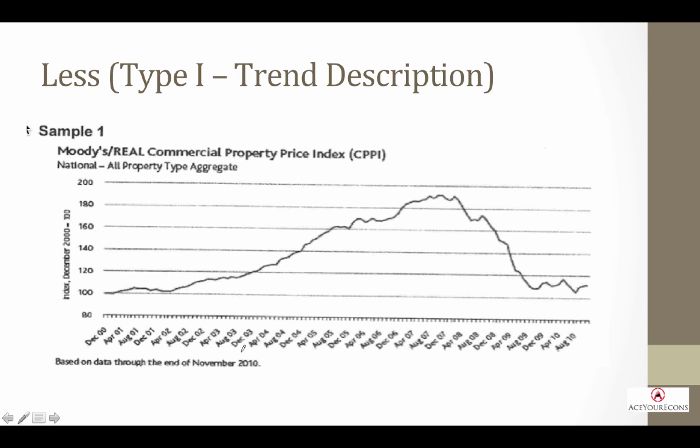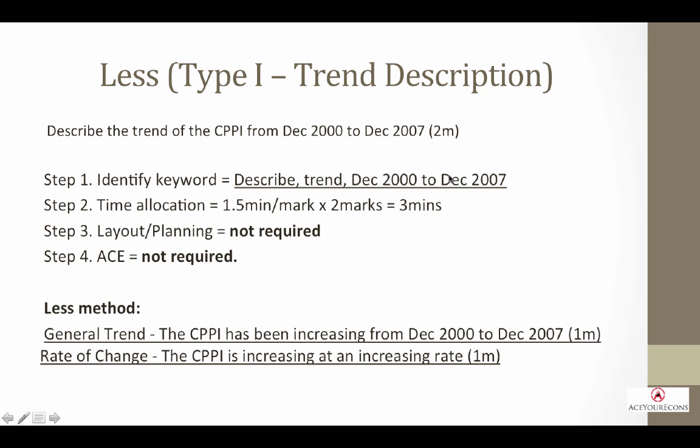Initially the rate of change is quite mild, but towards the end it spiked up. The price increment initially was mild, but towards the later half of the time frame it increased quite steeply. This is what we call identifying the rate of change: increasing at an increasing rate.